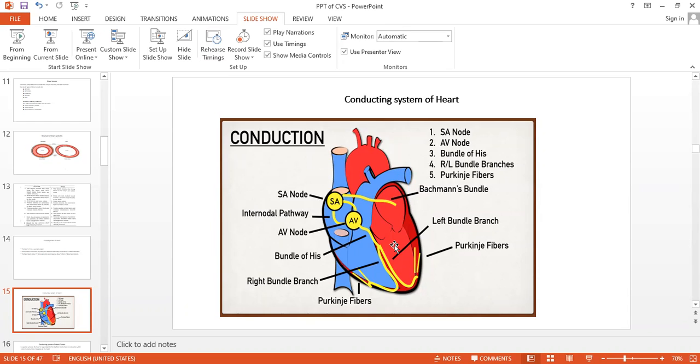Now see here the miracle. After the SA node, the impulse is transmitted to the AV node. It is in between the auricles and ventricles, but more towards the right side of the heart, in the right auricle. A little bit, it is in between, but more towards the right side of the auricle.